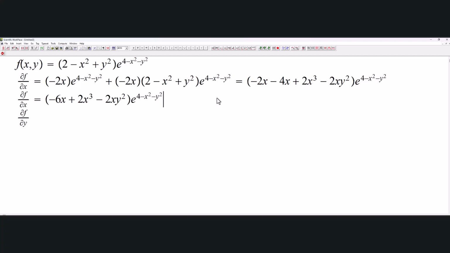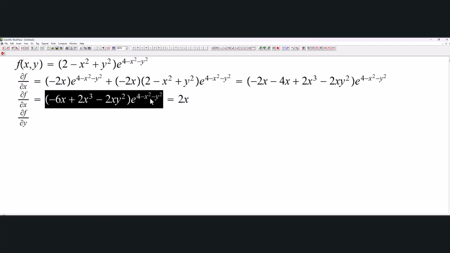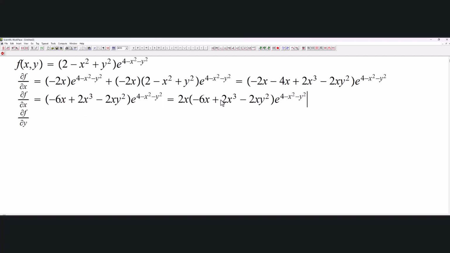And then let's take 2x out as common factor. Once we do that, we shall have 3 here, x squared here, and 2 has been factored out, and here x is out. So that's what we get.